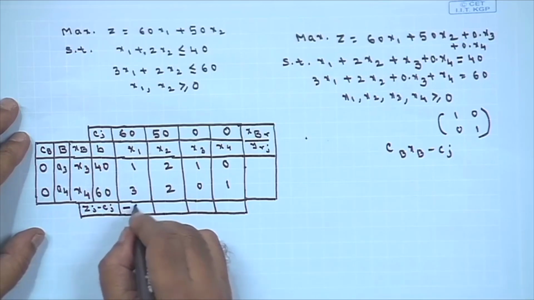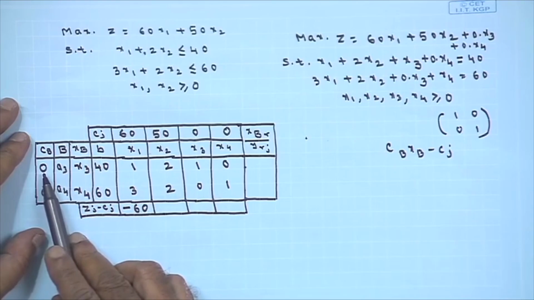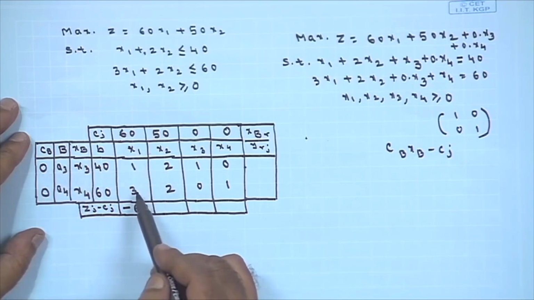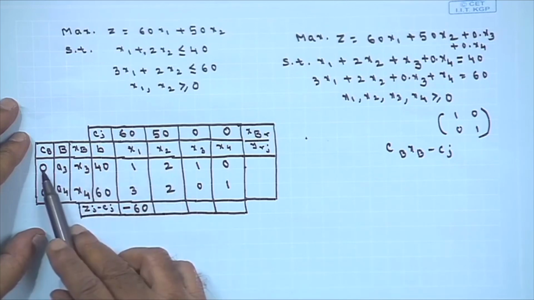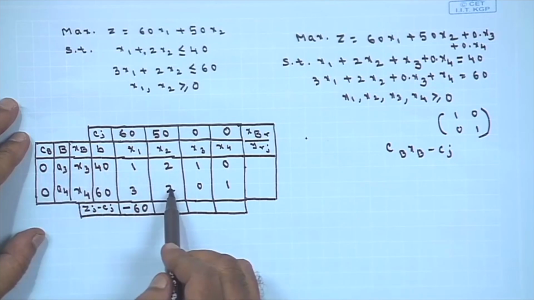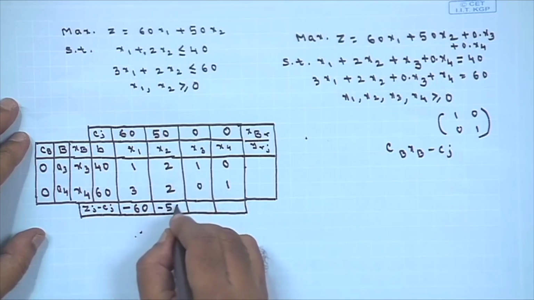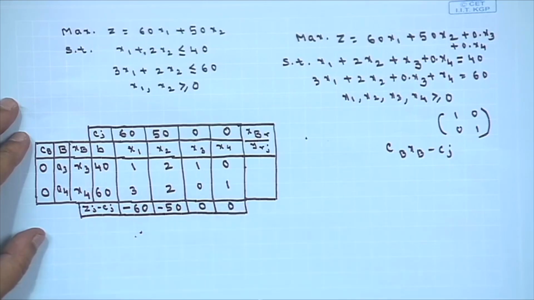So, it will be minus 60. So, Cb is this part into the xb value minus cj. For the second variable x2 it will be 0 into 2 plus 0 into 2 minus 50, so the value will be minus 50. The next one will also be 0.